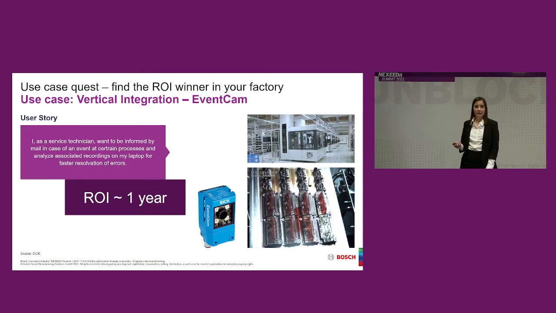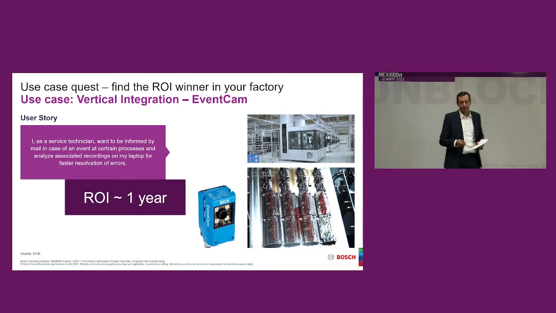So we use the subscription service of the NEXEEDit software so that the technician or the production engineer can subscribe to the event and is informed only seconds after the event occurred. So this for me is a great example for digitalization because it combines hardware and software and makes the life of the people on the shop floor much easier. So I will hand over now to Scharly, who will tell you more about the organization within SIG.